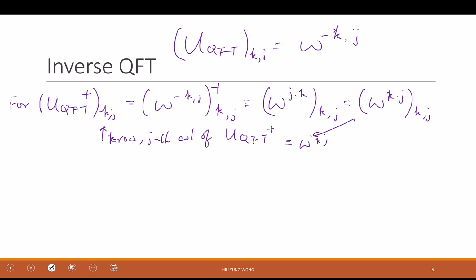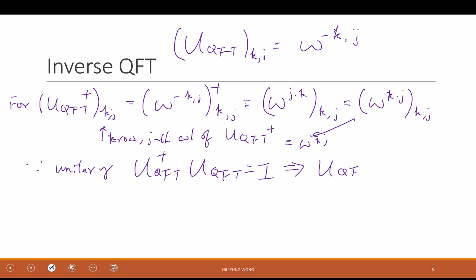But because it is unitary, we just proved that it is unitary, we know that the quantum Fourier transform dagger times the quantum Fourier transform equals I. And we also know that the quantum Fourier transform dagger equals the inverse of the quantum Fourier transform.